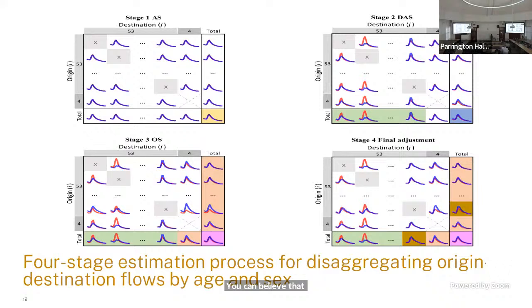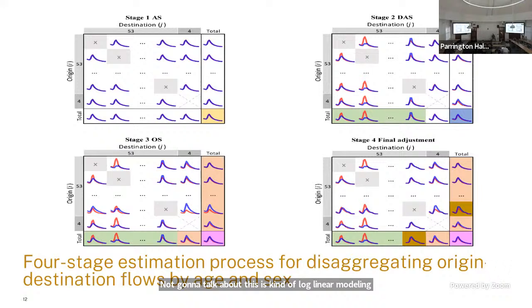And then the last one, I can't remember what we did in the last one, but we did some final adjustments or something. The idea is we never had any information on origin, age, sex, or we didn't have the full origin, destination, age, sex patterns. So we're building these models up to include more detail. I'm not going to talk about it, but this is kind of a log linear modeling type framework.